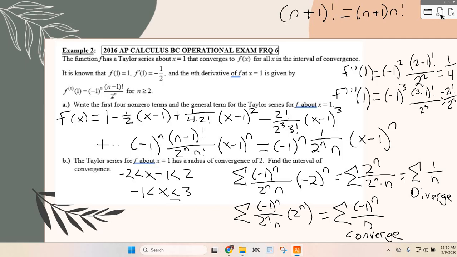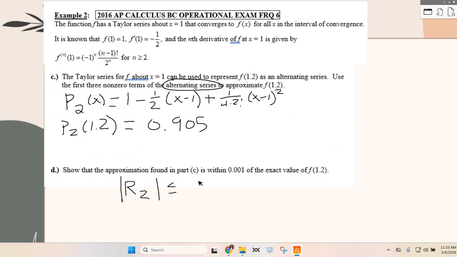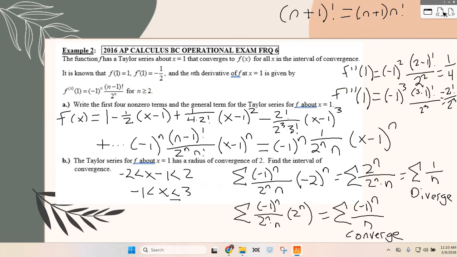But because it's the absolute value, we really don't care about the -1 part. Agreed? So I'm just looking at 1 over 2 to the 3rd times 3, because it was just an n there. Again, I'm just using that general term that we found for part A. I'm just plugging in 3 now instead.